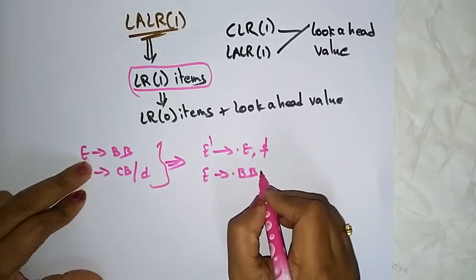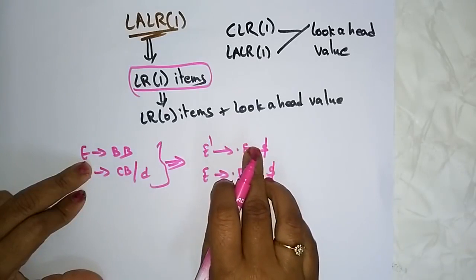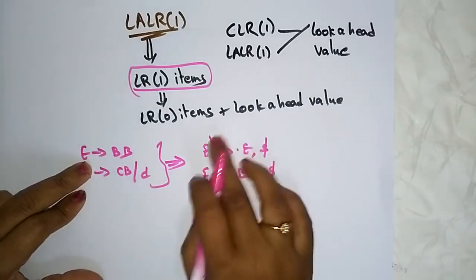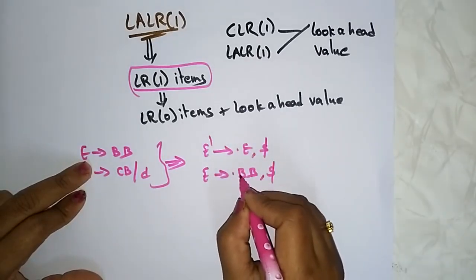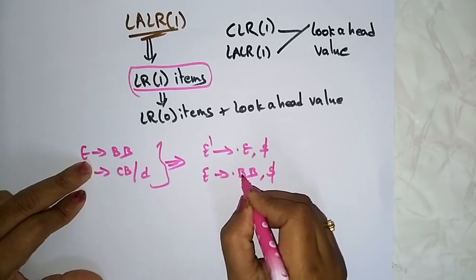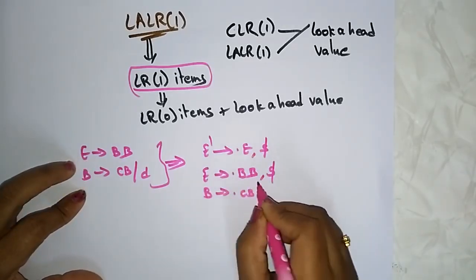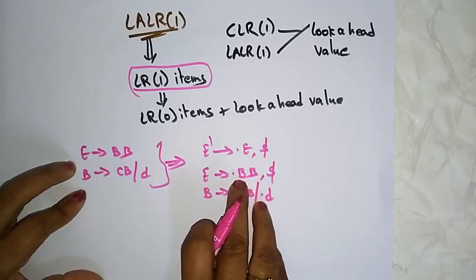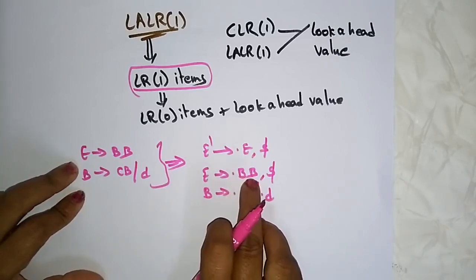After writing BB, you just copy the look ahead value. After E nothing is there, so whatever the look ahead value is for this production, you write here also. After dot there is a B, so whatever productions are present for B, you write B determines dot CB/D. But after this non-terminal, again a non-terminal is there.